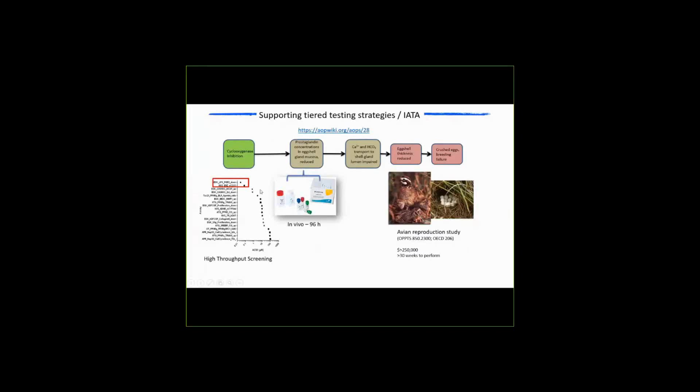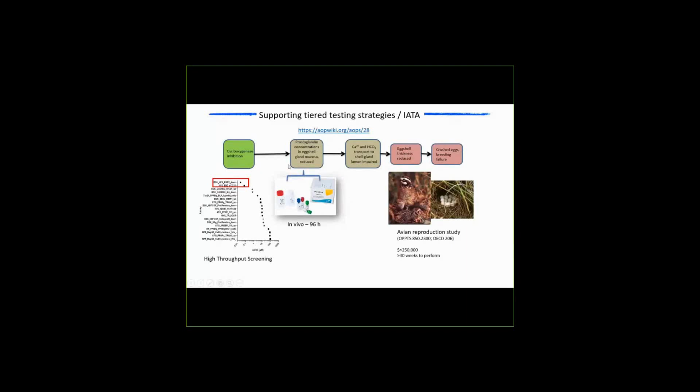Just as another example of this, there's another AOP in the Adverse Outcome Pathway Wiki that describes the linkage between cyclooxygenase inhibition and reproductive failure in birds due to eggshell thinning. In this case, we can use something like a high-throughput screening battery that includes an assay for cyclooxygenase activity. Where we see chemicals with that activity, we may have reason to suspect, based on our AOP, that they could cause reproductive impairment in birds. But do we want to jump right into doing an avian reproduction study at a cost of $250,000 and 30 weeks to perform?